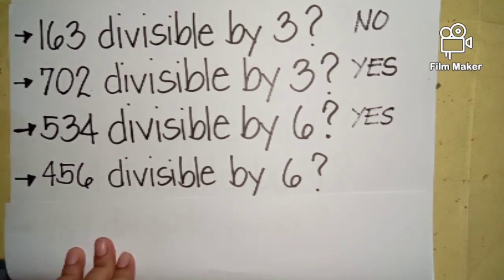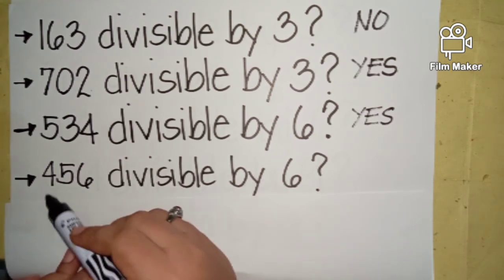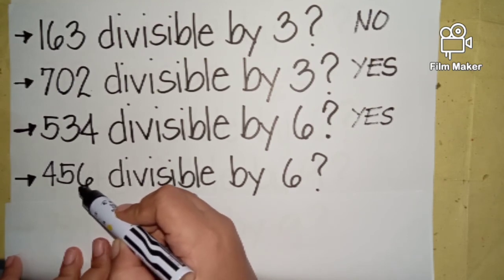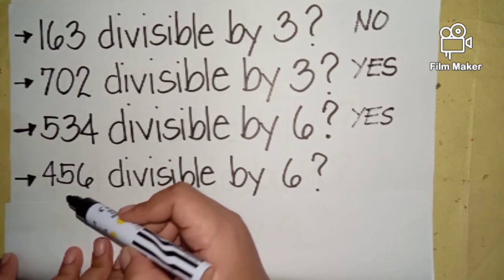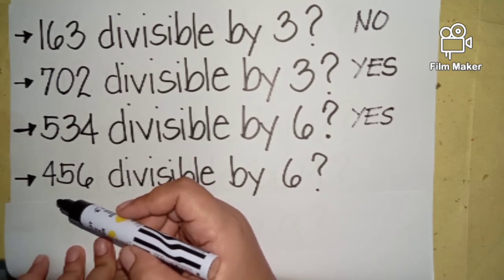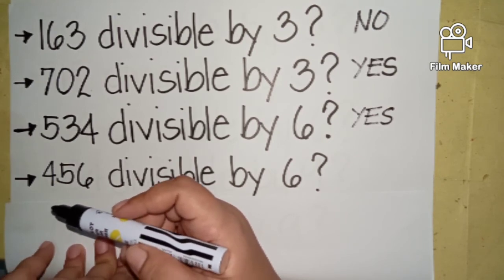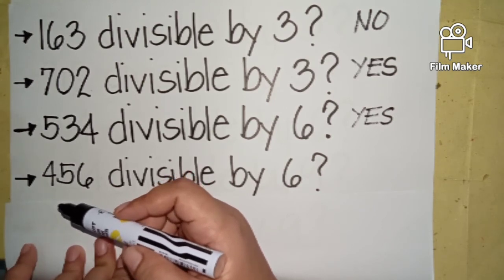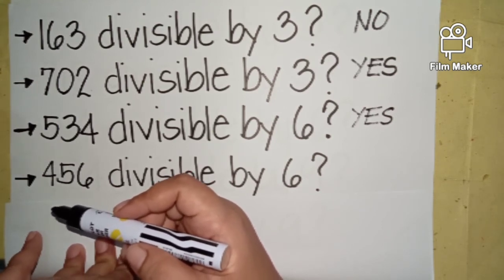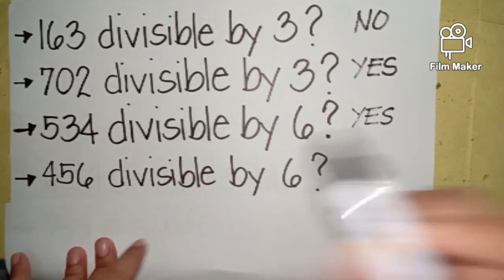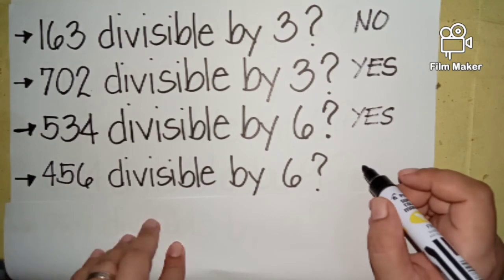I-add natin yung digit. 4 plus 5, 9 plus 6 is 15. 15 divided by 3 is 5. Walang sobra. So, therefore, 456 is divisible by 6. This is a yes.